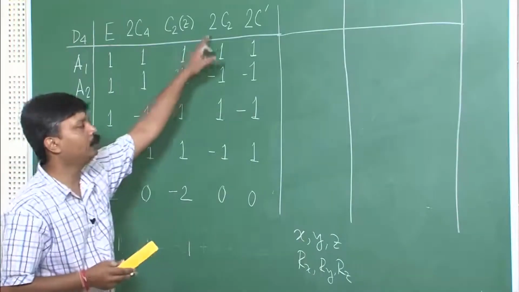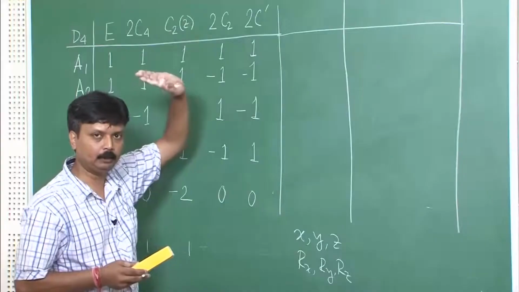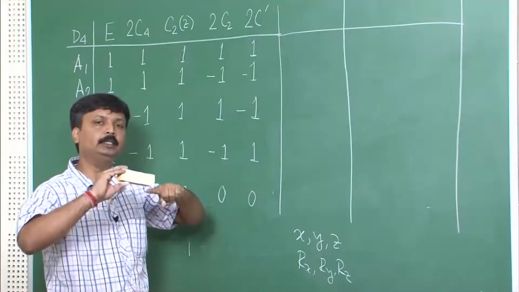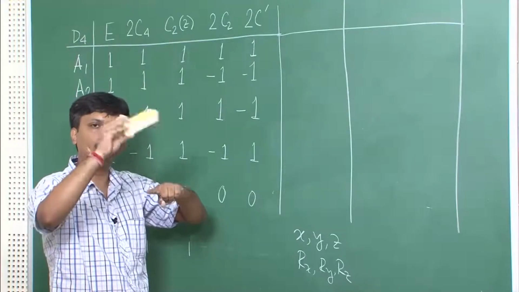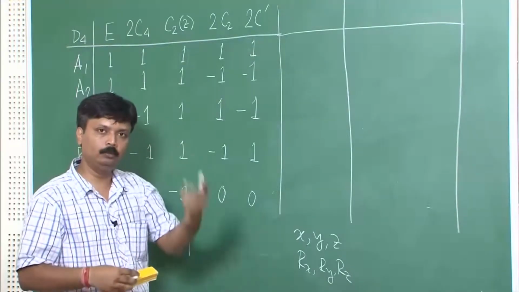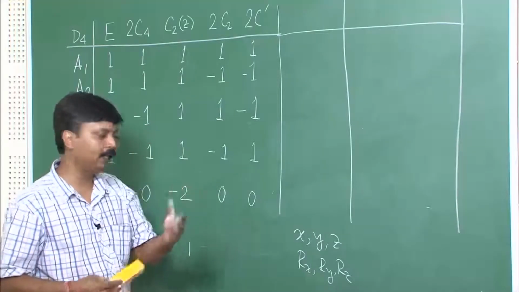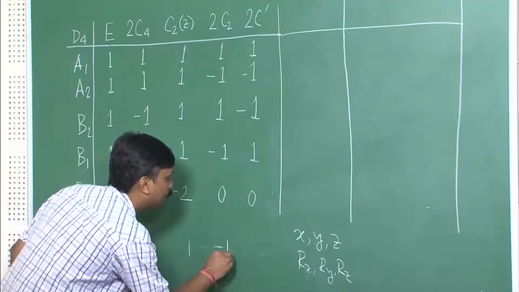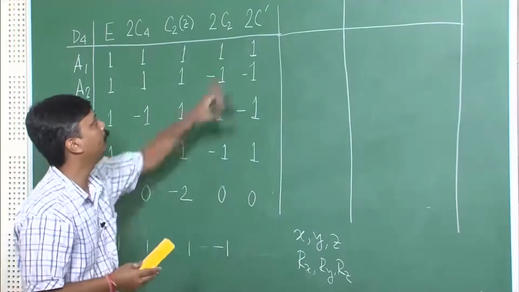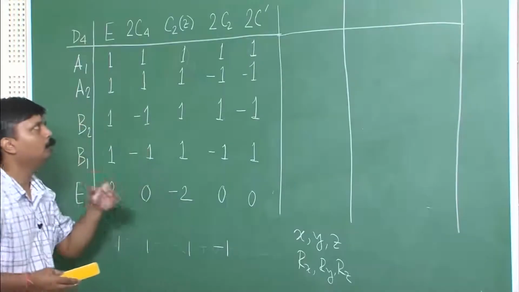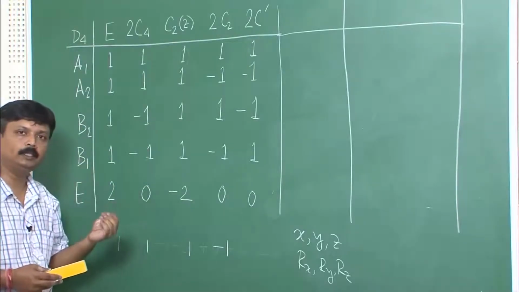Now for C2x, suppose, what will C2x do? C2x will change z to minus z, correct? So will be done by C2y. So that will give you a -1 as character. So this is -1, and C2 prime will also do the same thing.